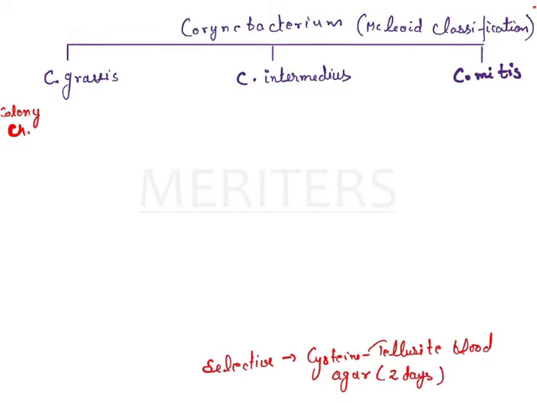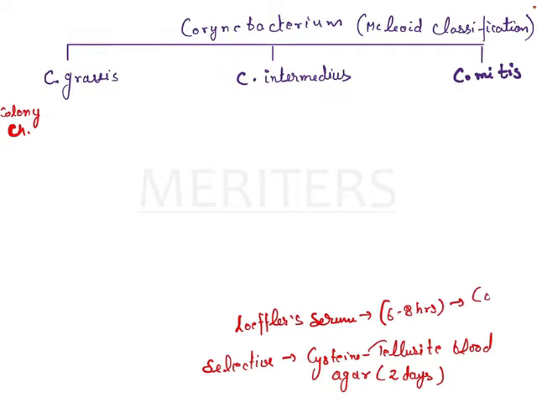Another important thing, if you want rapid growth, Corynebacterium is generally grown on Loeffler's serum slope. We use Loeffler's serum slope for rapid growth, that means 6 to 8 hours of growth of these bacteria.